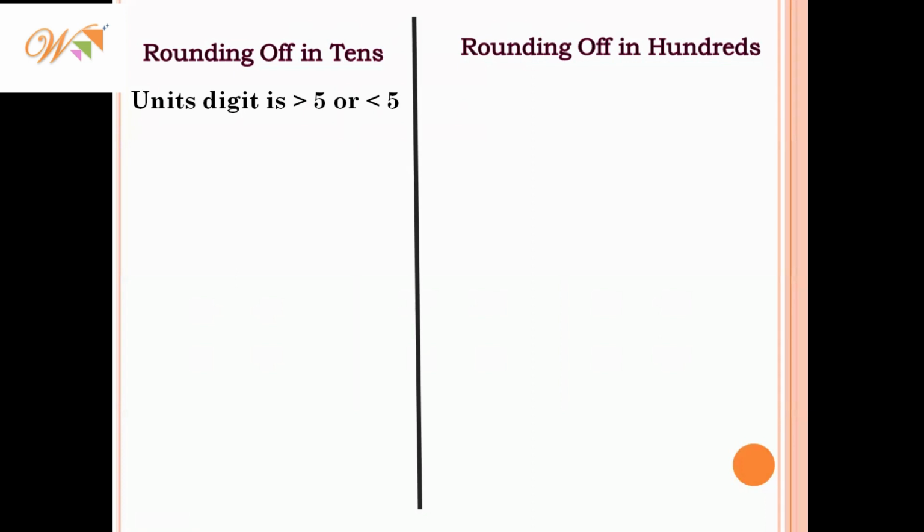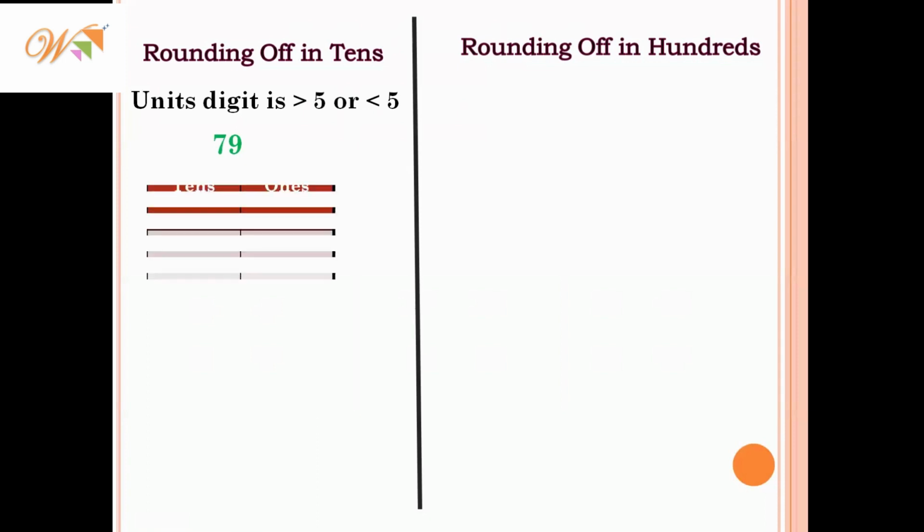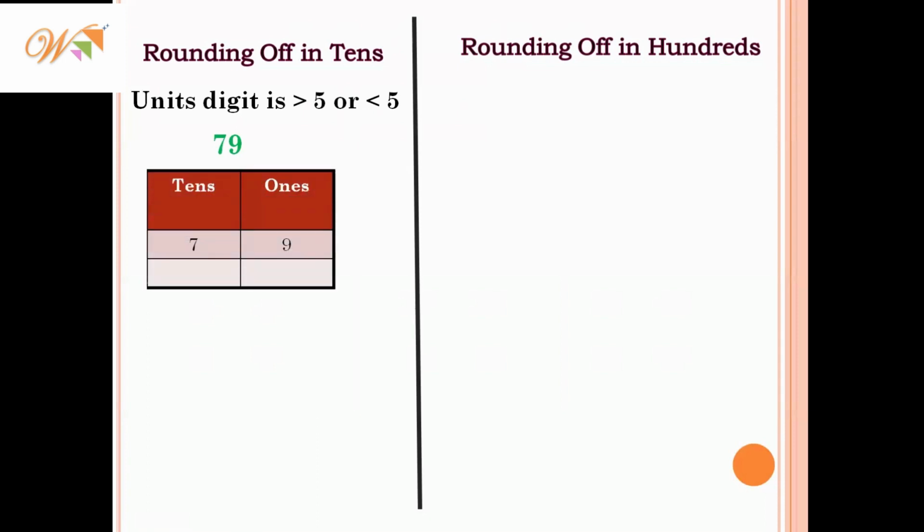How? Let's see with an example. Let's say we have 79. Let's place 79 in the place value chart. Okay, now we have to round off in tens. That means we have to find the nearest number in tens. Right? So we have to round off 7. So what will happen? The number at the ones digit will become 0. And what will happen to the number at the tens place?